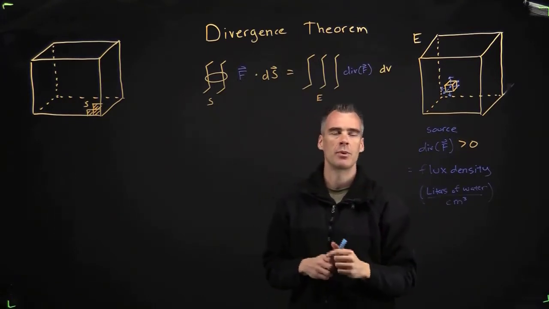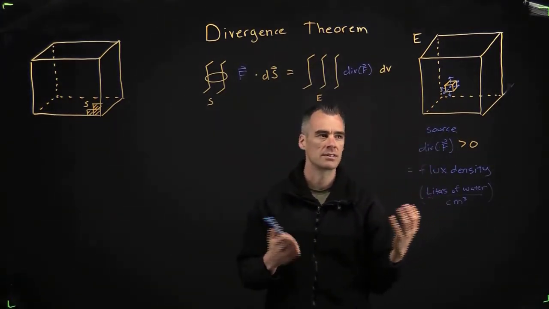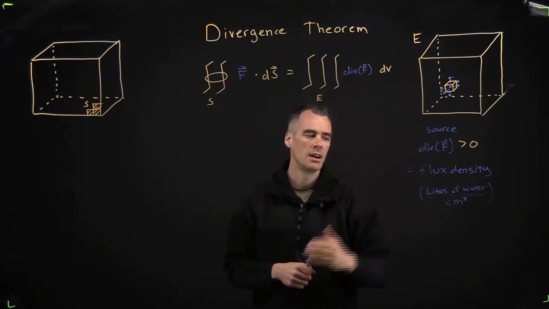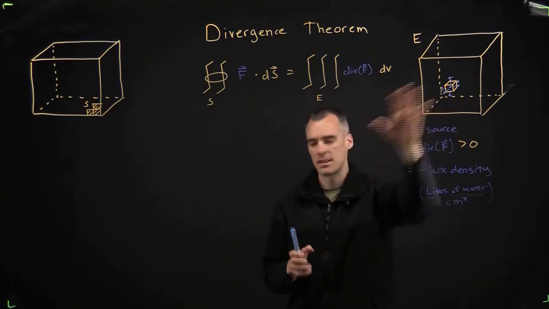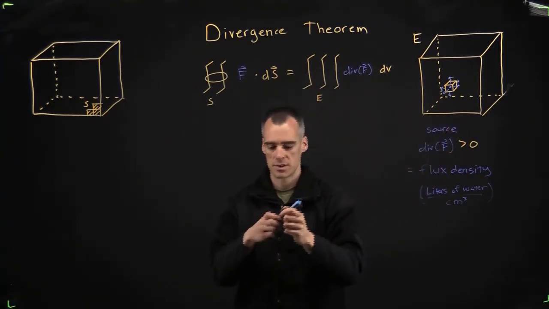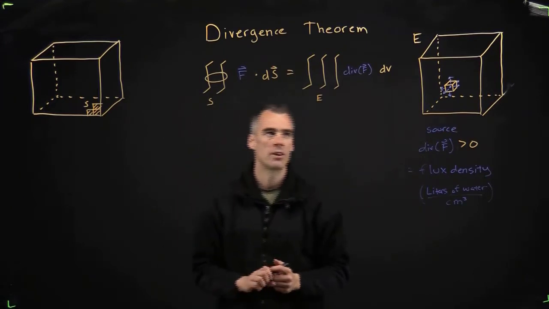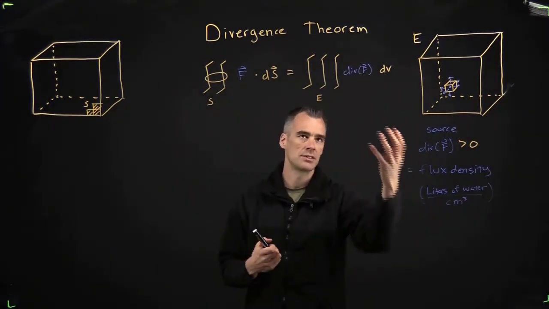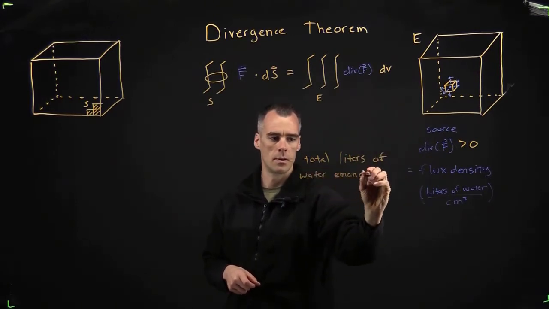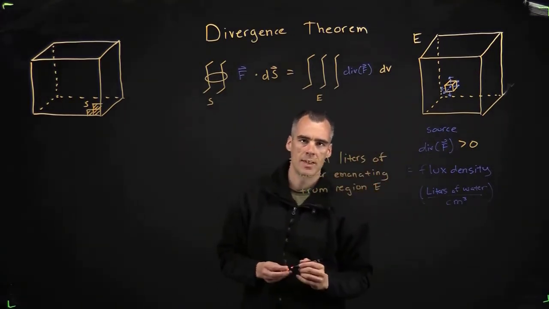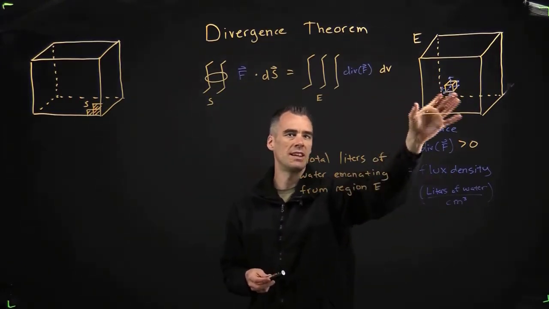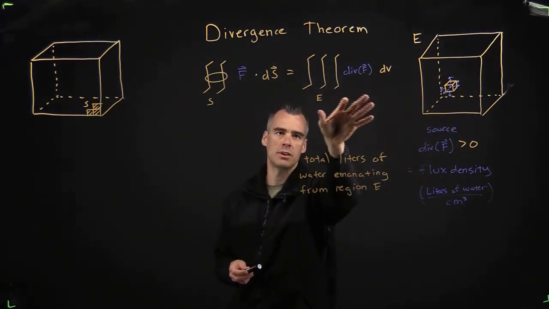So I'm going to end up with a number of liters, not liters per centimeter cubed, because I'm integrating in 3-space. It's going to be just the liters. If I integrated this whole thing, in this case, it's going to give me a positive value, because I've just got one source. Let me write down the definition of what this integral would give us. That would be the total liters of water that are emanating from this region E. That's what this triple integral would give us.